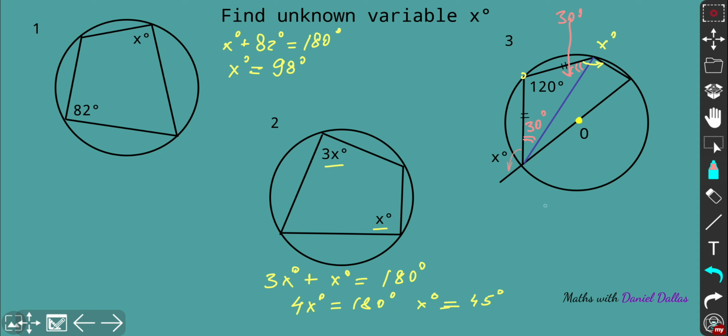However, we know that this segment, this chord goes through the center O, so that's why it's diameter. Because this is the diameter, we're gonna use the property for the inscribed angle, which is based on diameter.